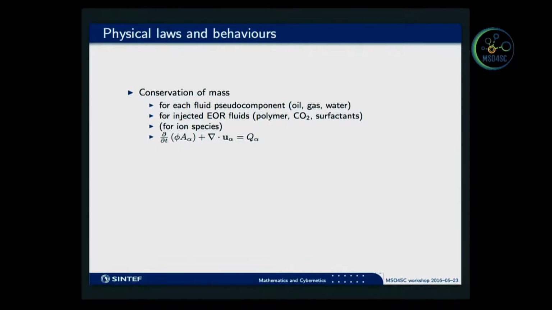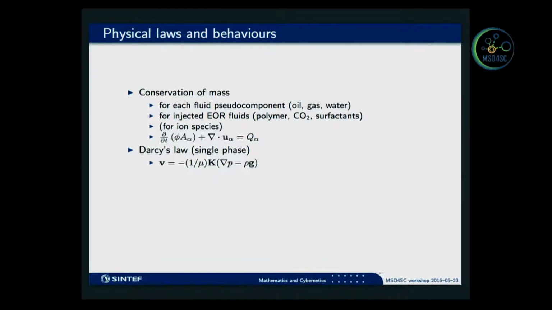It would belong here. You would need to conserve the mass of each ion. And this is the basic mathematical formula. It's just conservation: porosity times an accumulation term plus the divergence of the velocity of that component equals some source term. So it's very simple when you write it down like that.